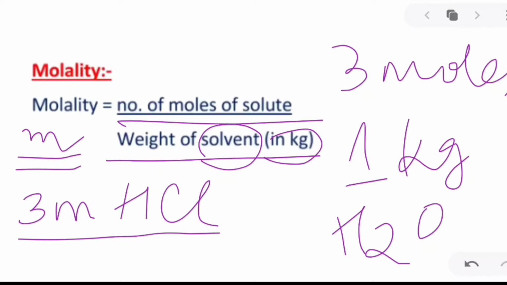So we cannot say that 3 moles of HCl present in 1 kg of solution. No, it will be wrong. 3 molal HCl means that 3 moles of HCl is present in 1 kg of solvent or 1 kg of H2O. Okay.